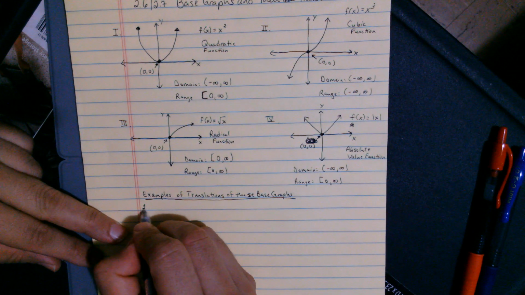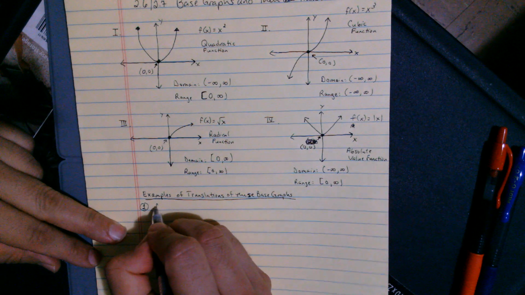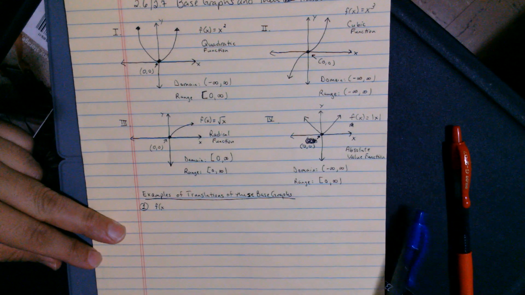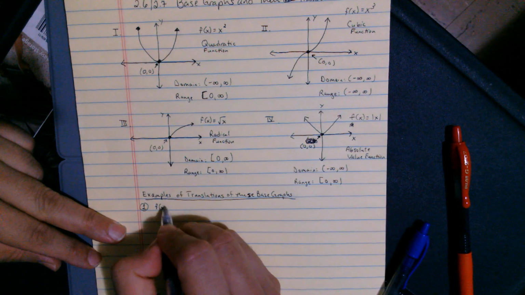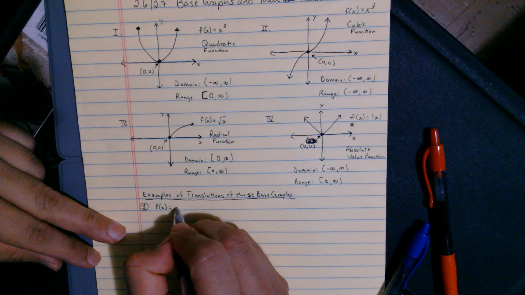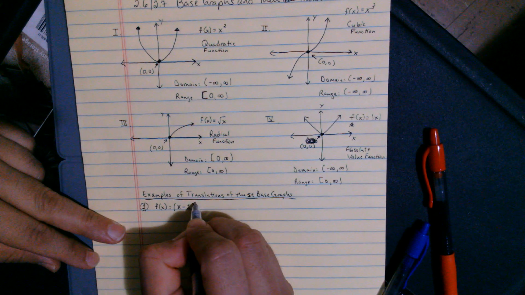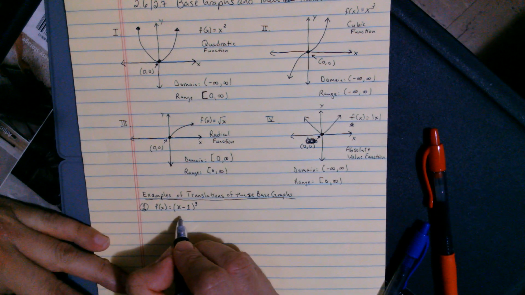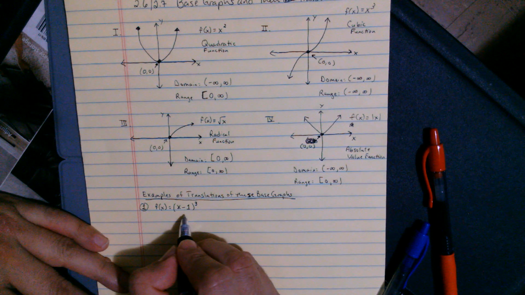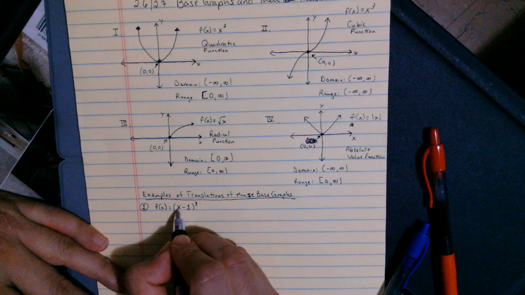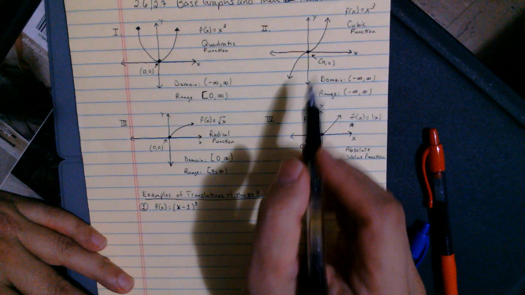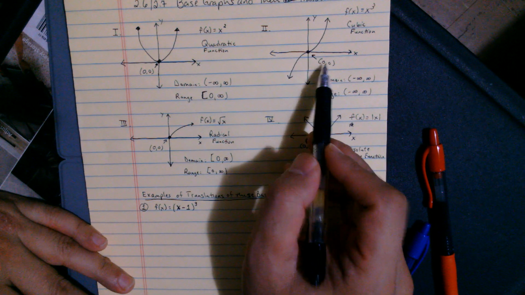So example number 1, let's say f of x is equal to (x minus 1) cubed, where, notice, it's inside the parentheses. So what we're trying to do is figure out this 0, 0 point here.